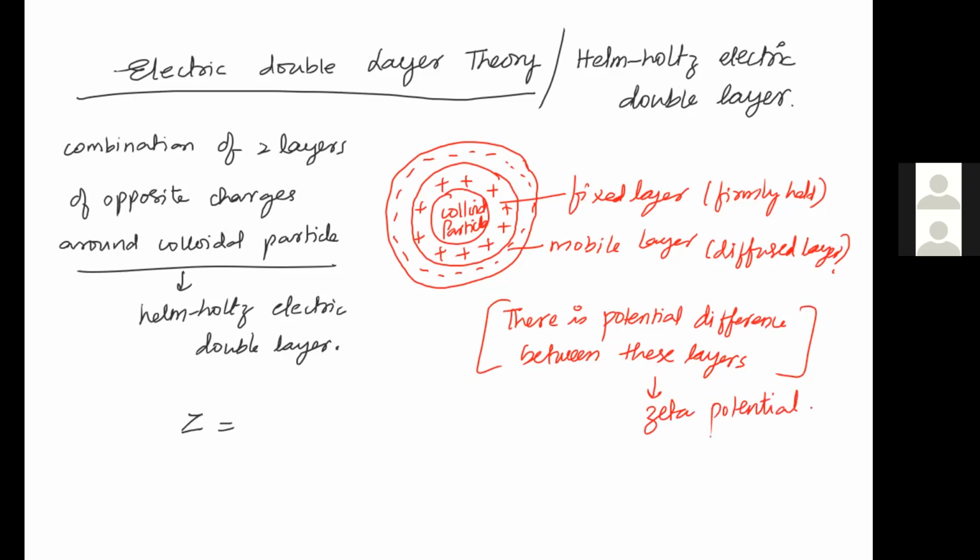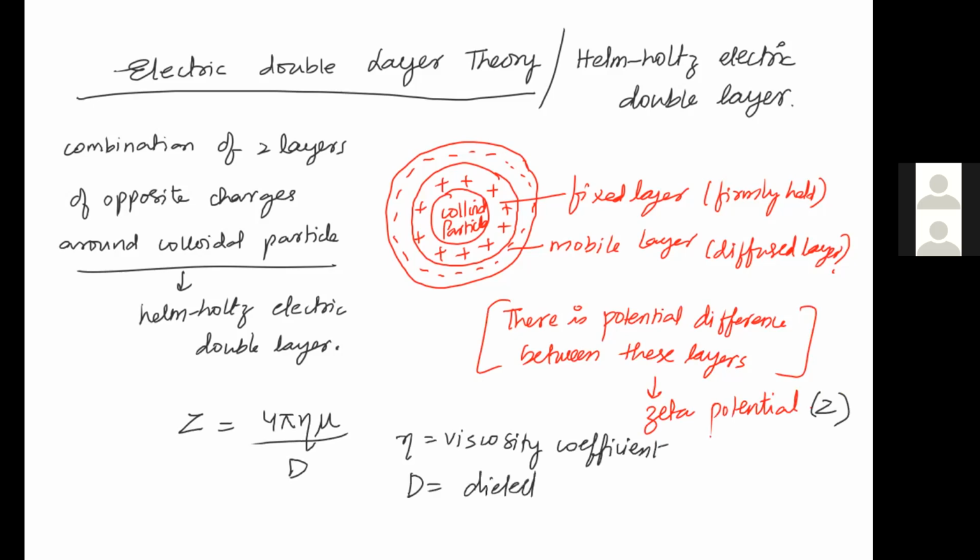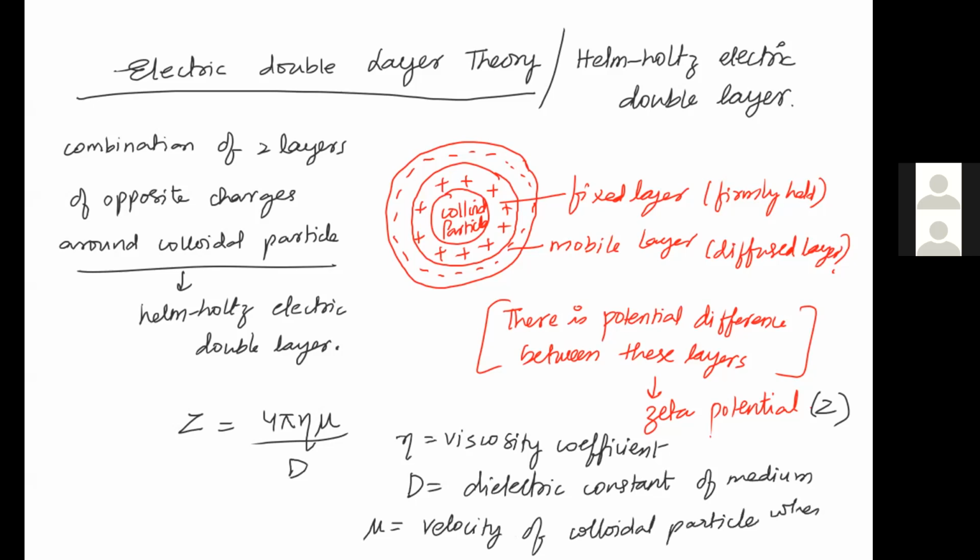Zeta potential Z is equal to 4 pi eta by D, where eta is the viscosity coefficient and D is the dielectric constant, when an electric field is applied.